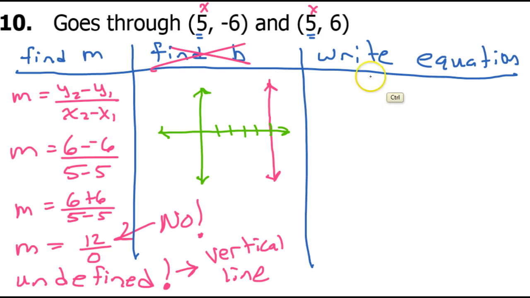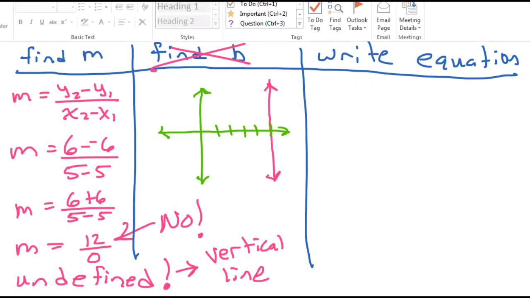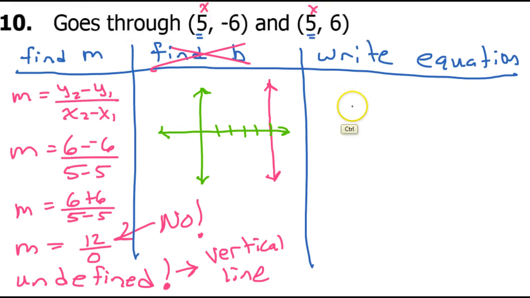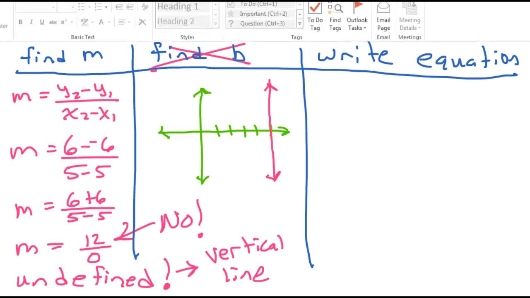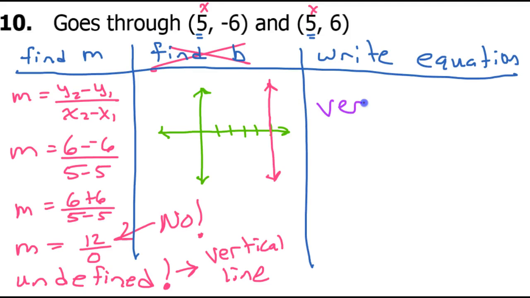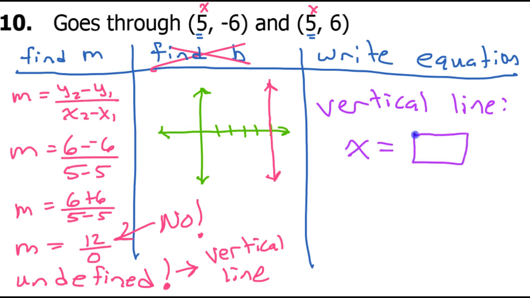And also, when we go to write the equation, you know how normally we will go y equals mx plus b, yay. Well, this doesn't really work out for vertical lines, so I'm going to skip that. When you have a vertical line, the equation is always x equals a number.